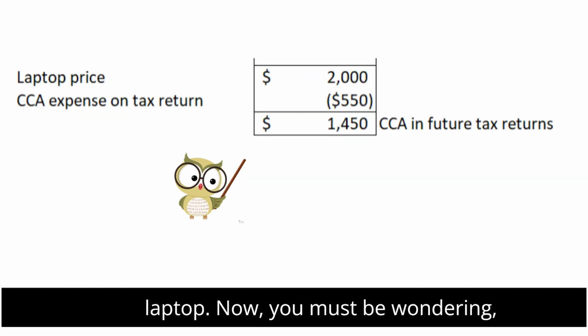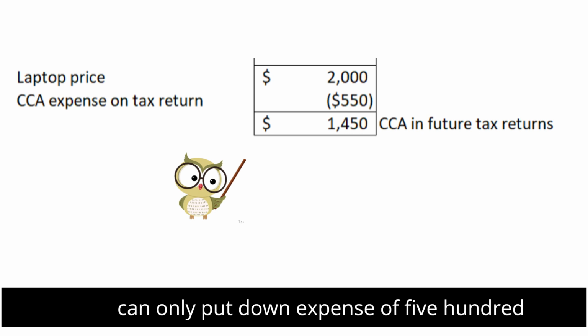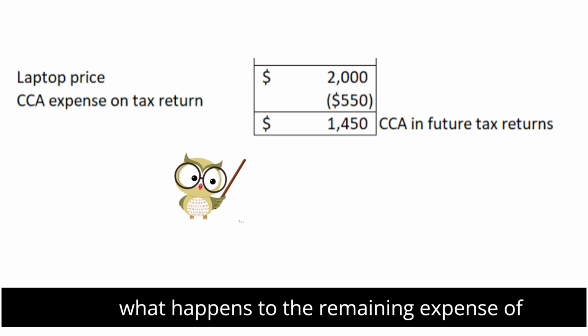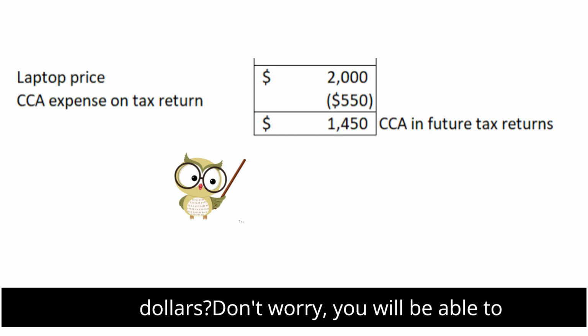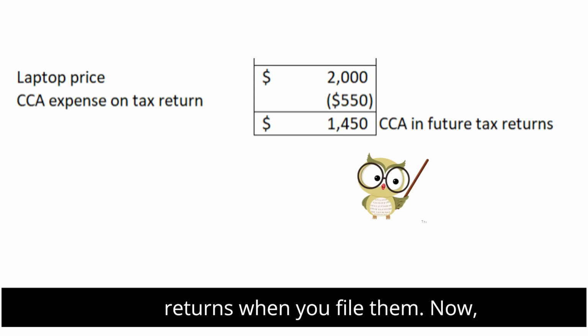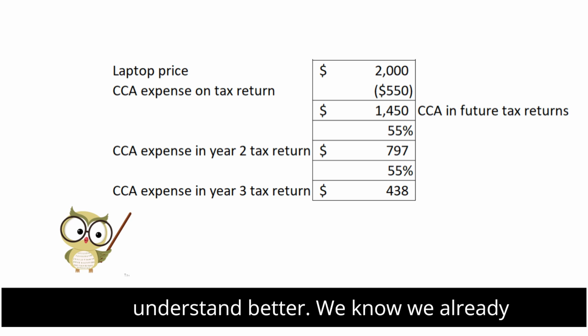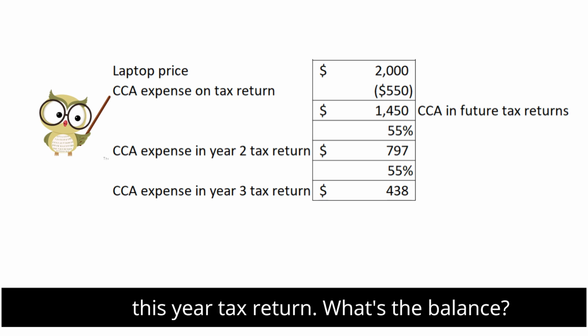Now, you must be wondering, I spent $2,000, but I can only put down an expense of $550 on my tax return? So, what happens to the remaining expense of $1,450? Don't worry, you will be able to use the remaining expense in future tax returns when you file them. Now, let's go back to our example to understand better. We know we already claimed a $550 expense on this year's tax return.